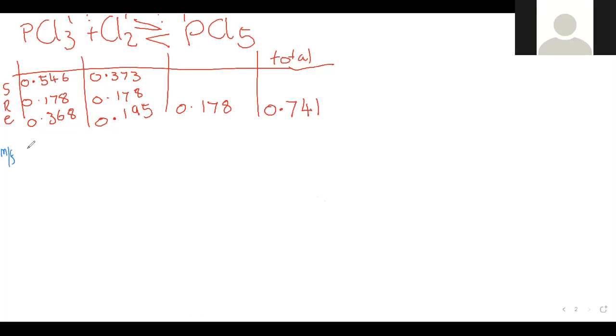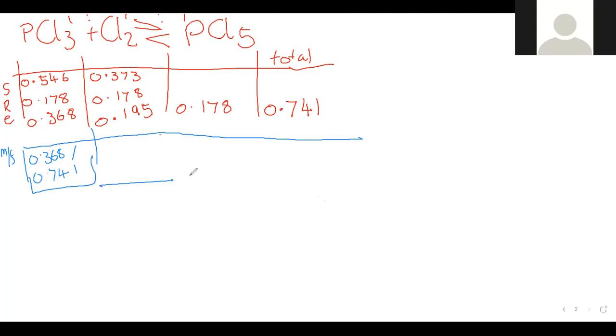And we're going to do a mole fraction of PCl3, Cl2, and PCl5. So our mole fraction of PCl3 would be 0.368 divided by 0.741.